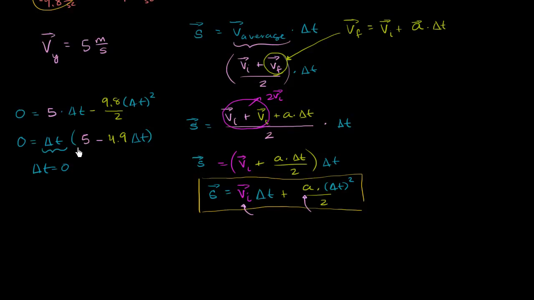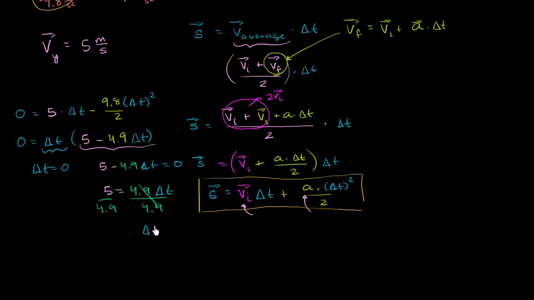Or all of this business could be equal to 0. If we have 2 things and their product equals 0, that means either one or both of them are equal to 0. So we have 5 minus 4.9 delta t equal to 0. We add 4.9 delta t to both sides to get 5 is equal to 4.9 delta t, and then we divide both sides by 4.9 to get the elapsed time.